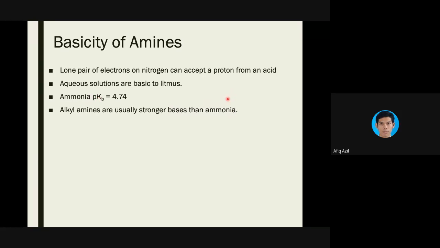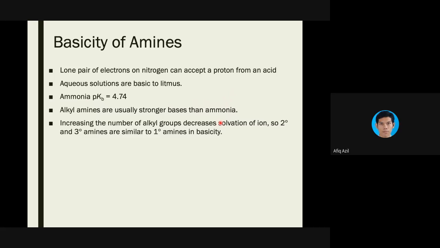Ammonia is NH3. Once you replace one of the hydrogens with an alkyl group, it will make the whole compound a much stronger base. Increasing the number of alkyl groups decreases solvation of ions. Secondary and tertiary amines are similar to primary amines in terms of their basicity.